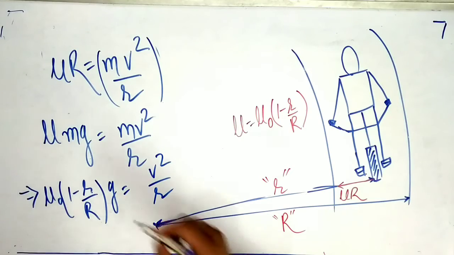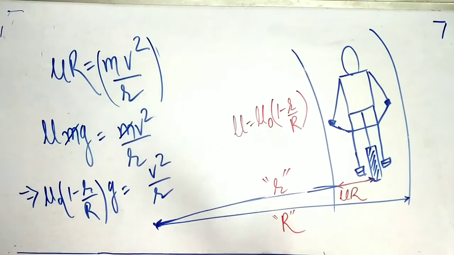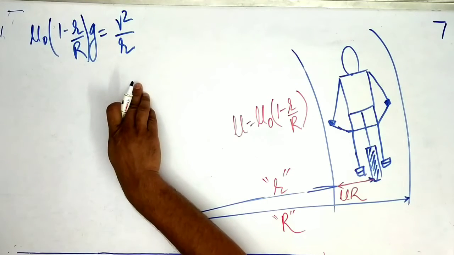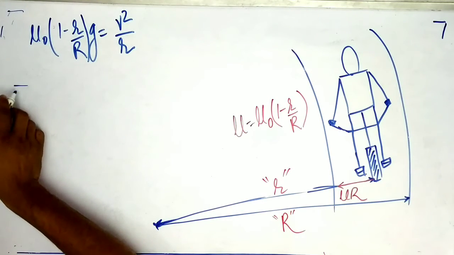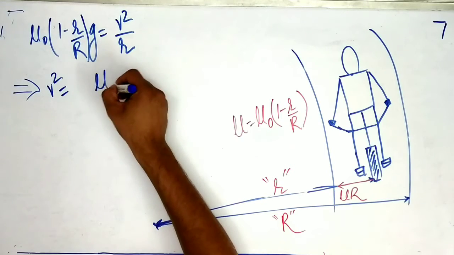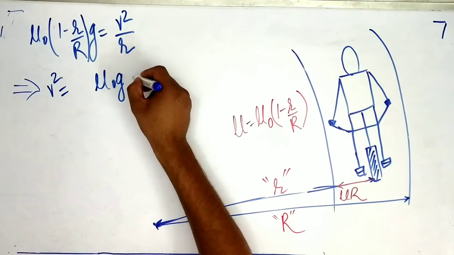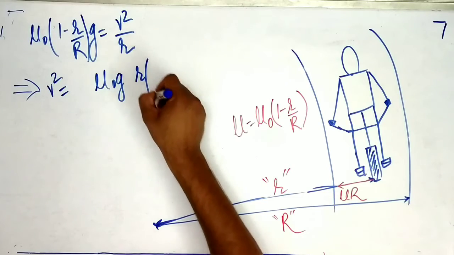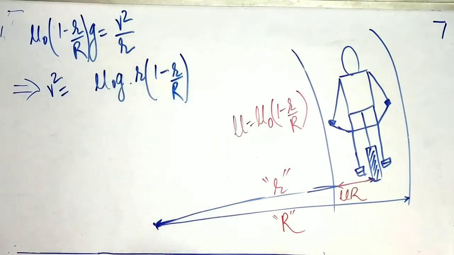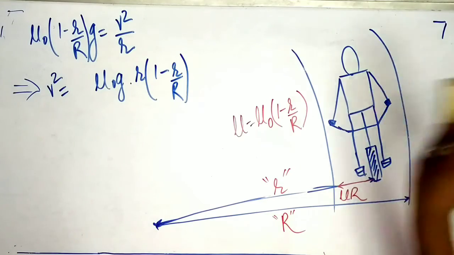We have cancelled m from both the sides. Now mu naught into 1 minus r by R into g is equal to v square by r, which gives us v square is equal to mu naught g into r into 1 minus r divided by R.